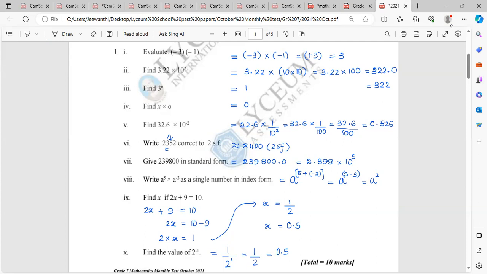So then 2x means 2 times x. You keep x alone and send multiplication 2 to the other side, 1 over 2. That is 0.5. 2 to the power negative 1 becomes 1 over 2 to the power 1. That means 1 over 2 and it is 0.5. So then we have done all the answers correctly.